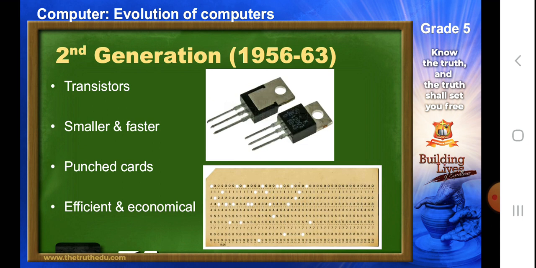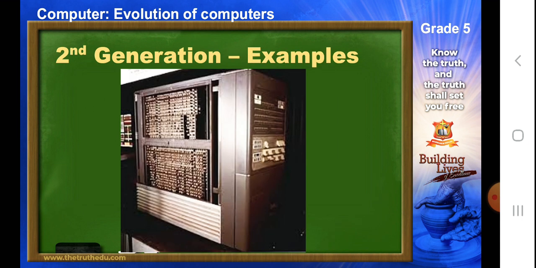Now they relied on punched cards for input. So till now in the second generation we are using punched cards. Some of the examples of second generation computers are the IBM 704. The machine which you see here is the IBM 704. That's how big the machine was. The size has come down, if you see.